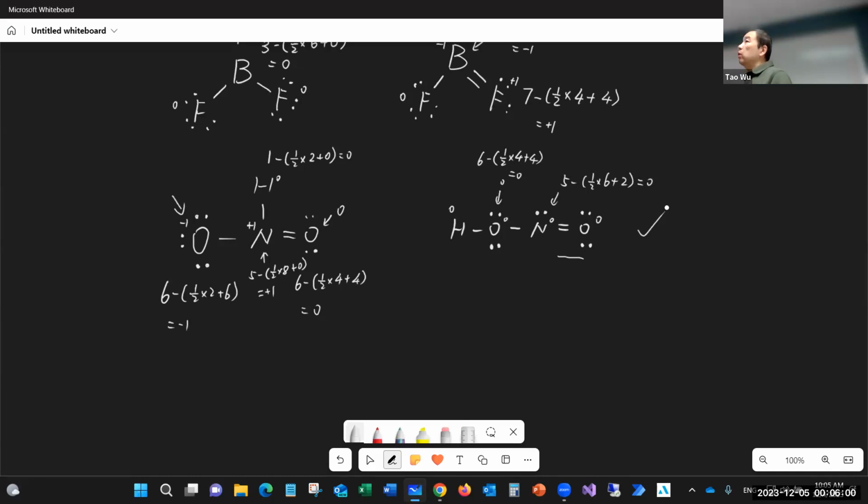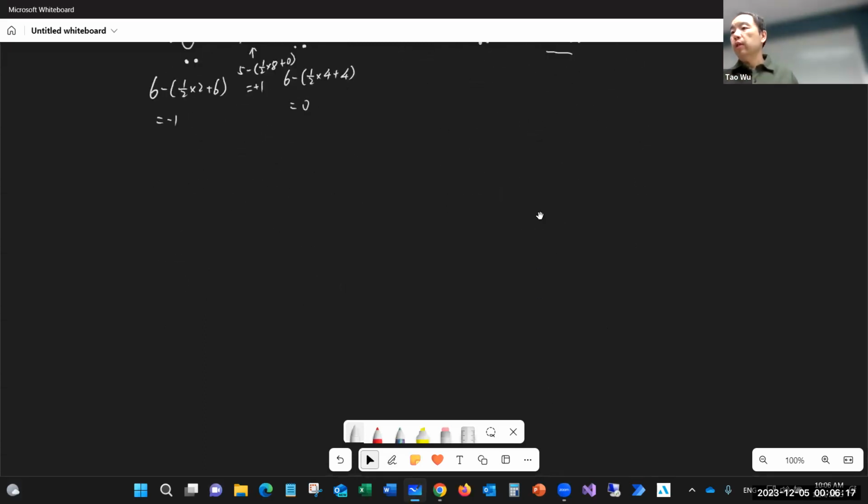Okay, so now based on the structure, we can make a summary, because we don't have too many non-metal compounds, so it's pretty easy to make a summary. For example, carbon only has 4 valence electrons.